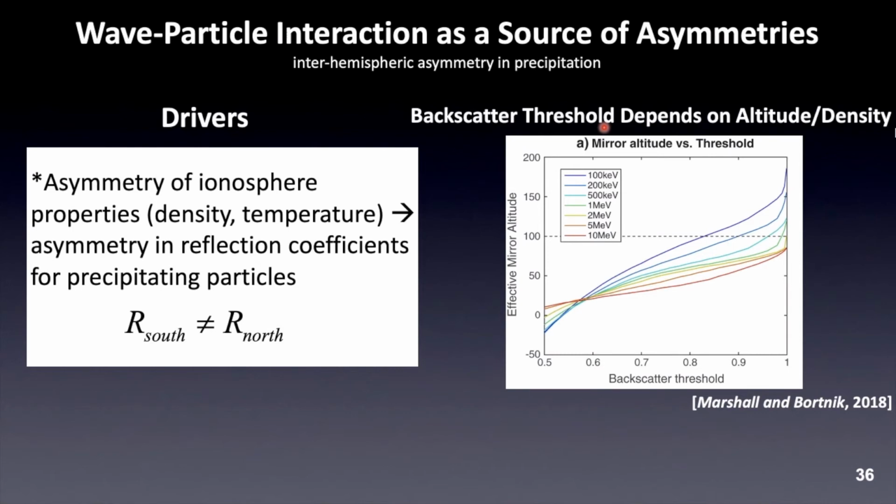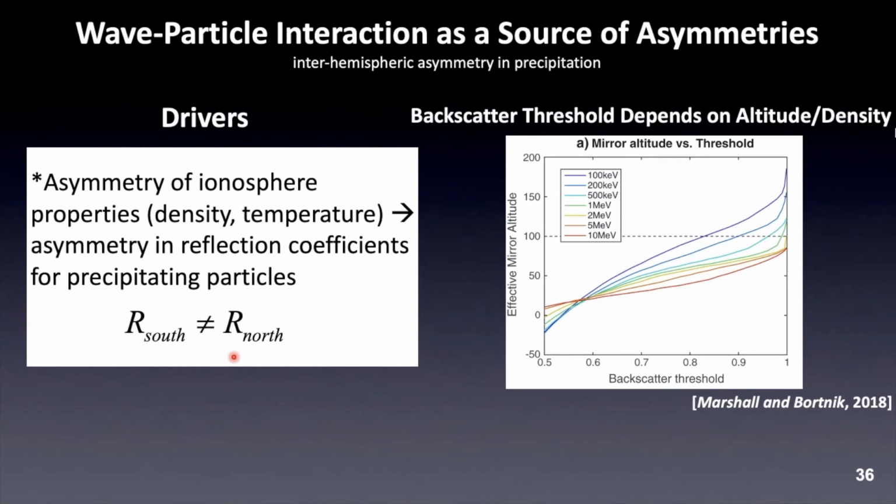So naturally, because density can be asymmetric in the two hemispheres, so is this backscattering coefficient. So what does this mean? It means that even with symmetrical scattering in the two hemispheres, we will probably end up with different energy flux input in the two hemispheres because of this difference in the reflection coefficients or backscatter coefficients.